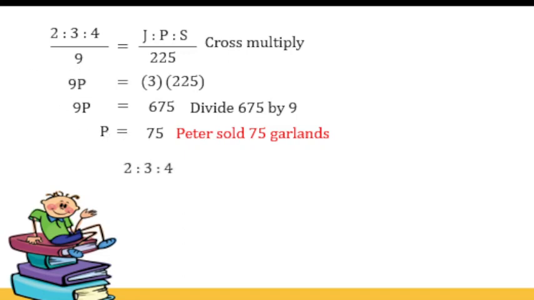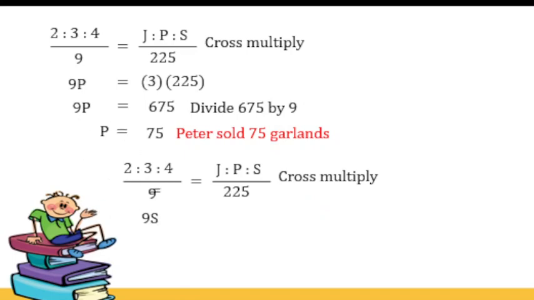You have 2 is to 3 is to 4 is equal to 9, and J is to P is to S is equal to 225. And then cross multiply again, so that will become 9S is equal to 4 times 225. And the product of 225 and 4 is equal to 900.